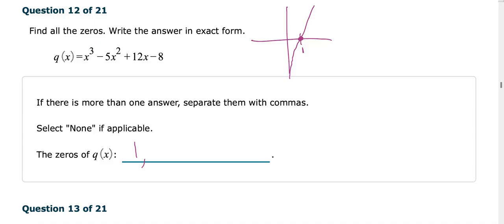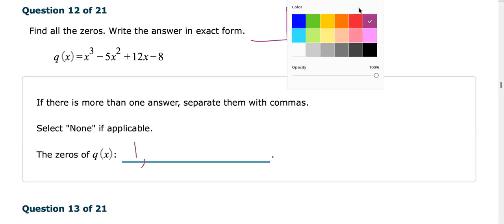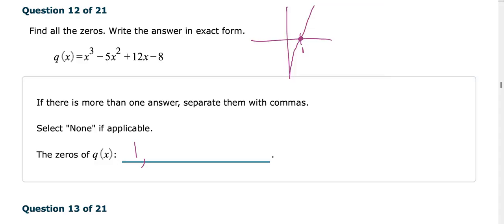How do I go find the other zeros? Well, I'm going to do synthetic division. So here we go. Play the game. My coefficients are 1x cubed minus 5x squared plus 12x minus 8. Because I know that 1 is an actual zero, I'm going to put 1 here.